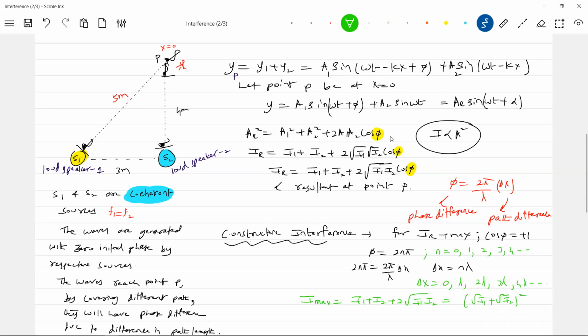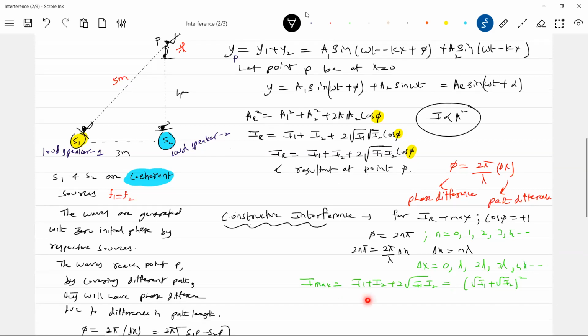If specifically I1 equals I2, let the intensity of the sound signal at point P be equal, so let I1 equal I2 equal to say I0. In that case, how much will the maximum intensity be? So shall we put 4I0?